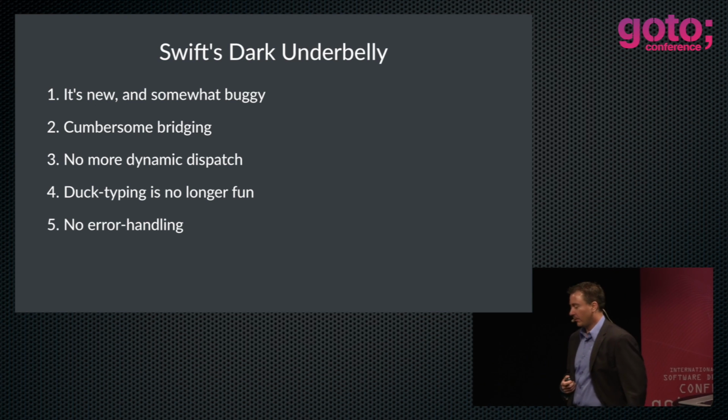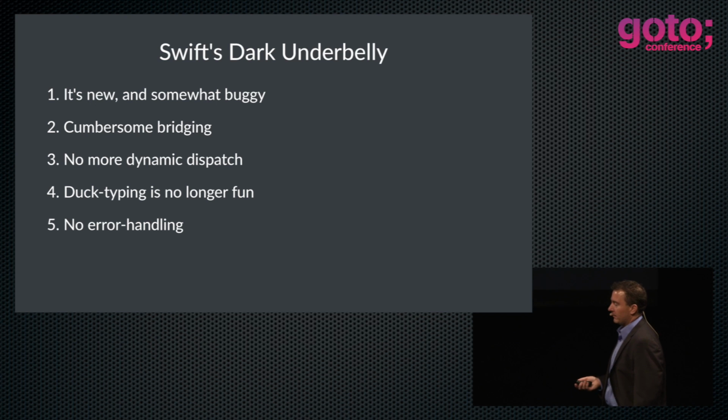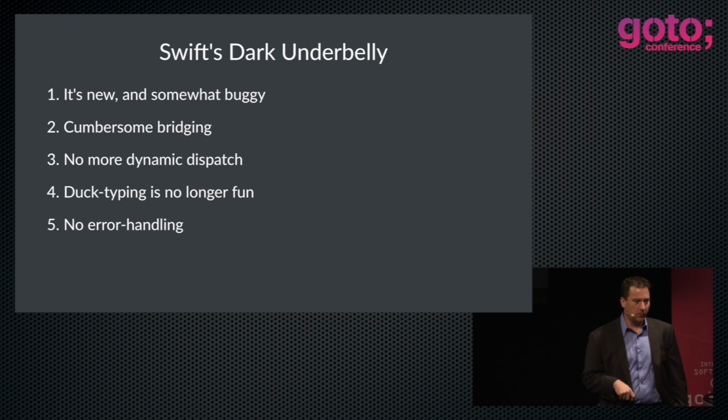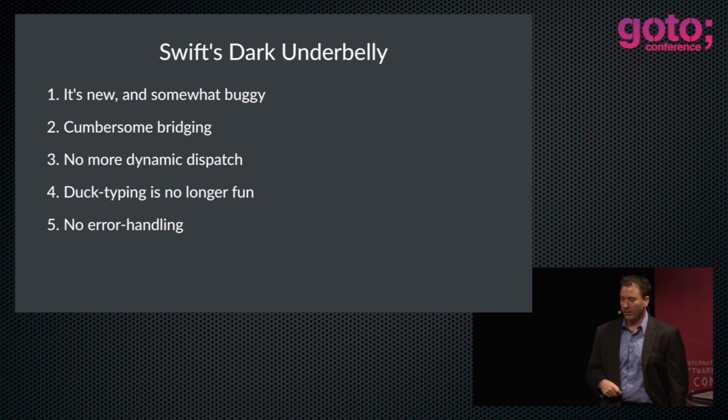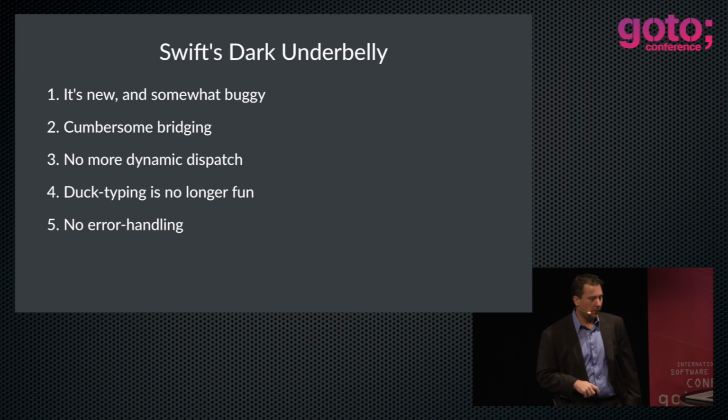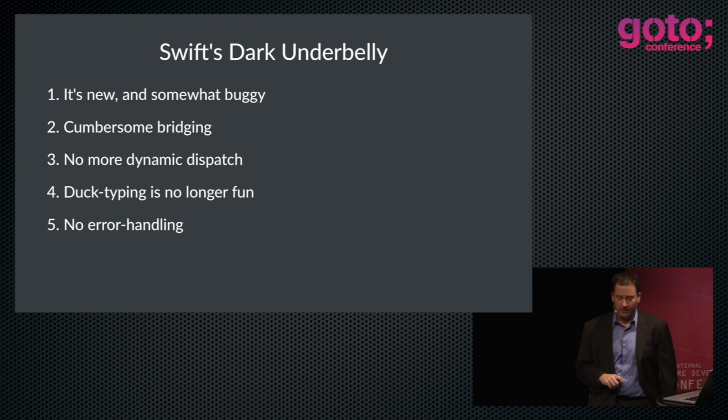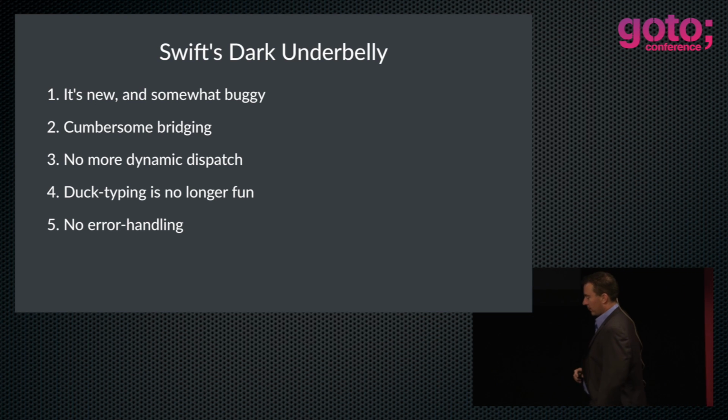You need to think about how you are going to bridge your mechanism for error handling with theirs. I personally predict that will change over time, but as of now, with version 1.0 released a couple of weeks ago, there's no built-in solid error handling. So that's kind of a shortcoming of Swift right now.